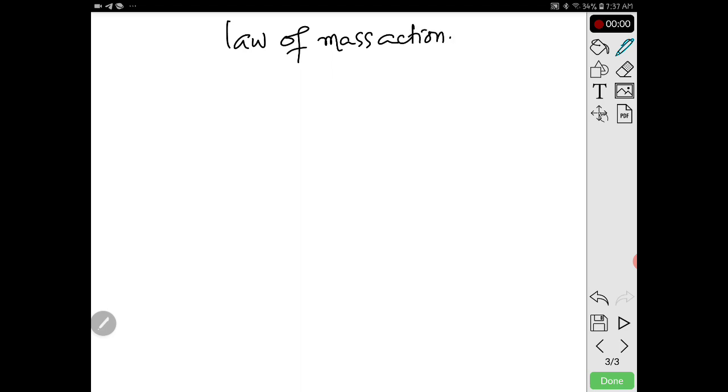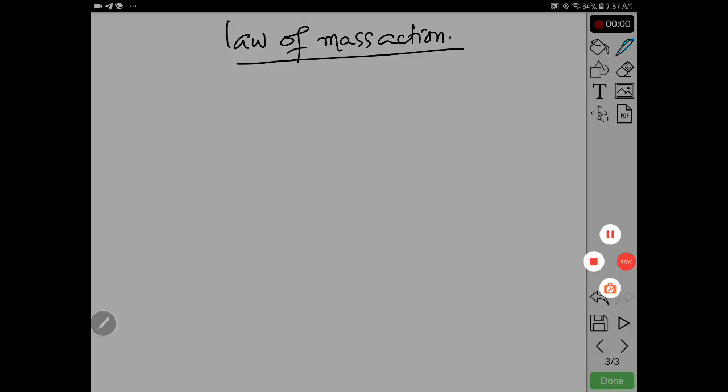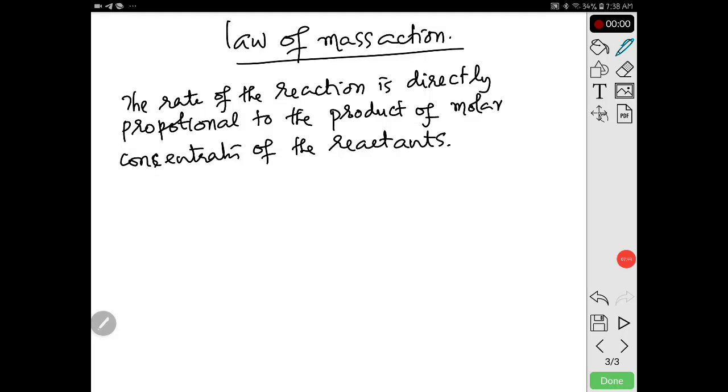Law of mass action. According to the law of mass action, the rate of the reaction is directly proportional to the product of the molar concentration of the reactants. Suppose there is a reaction, A plus B gives a product.